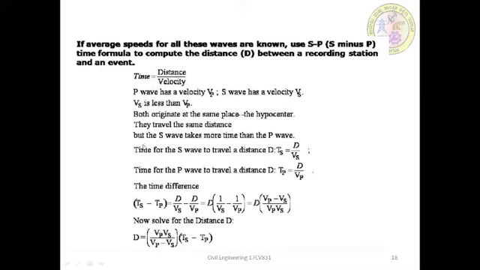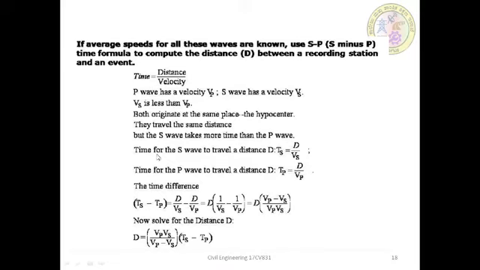Now the P waves have velocity Vp and the S waves have velocity Vs, where Vs is less than Vp. Both originate at the same place, the hypocenter, and travel the same distance, but S waves take more time than P waves.